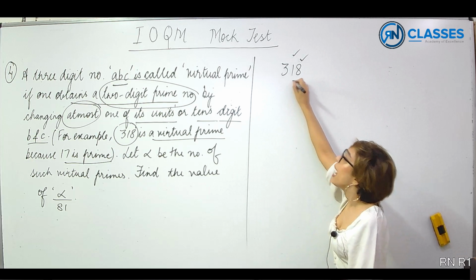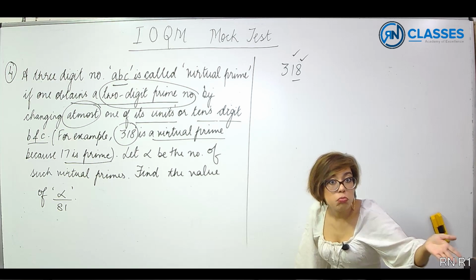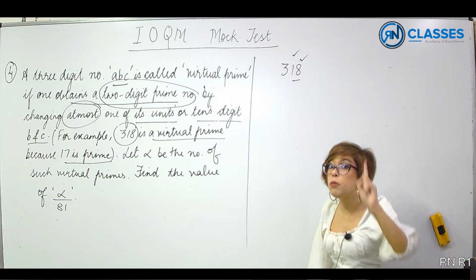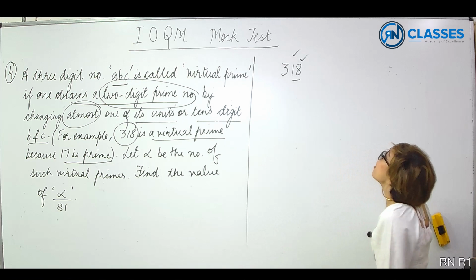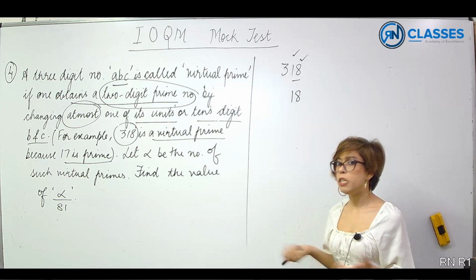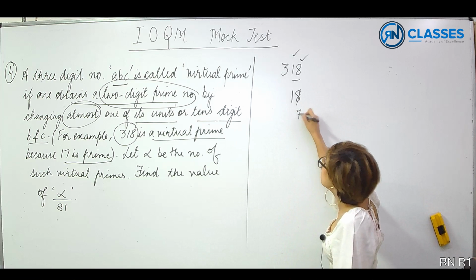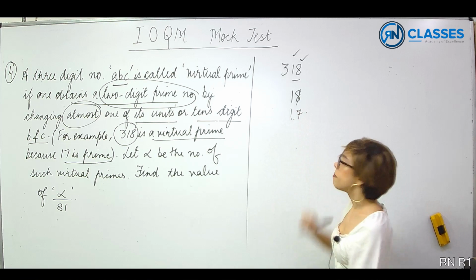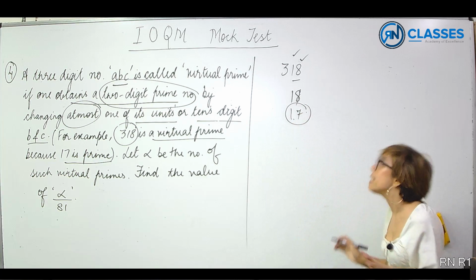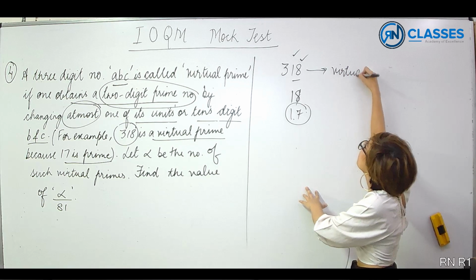At most, so either I can change none of these or I can change one of these. Not both, because he says at most one. Now, if I need to change one digit, which digit? He says you can change 8 to 7. And we know that 17 is a prime number. If that is the case, such a number will be called a virtual prime.